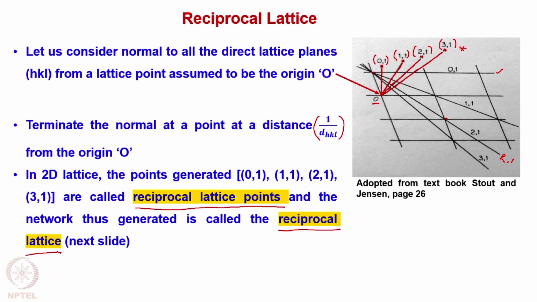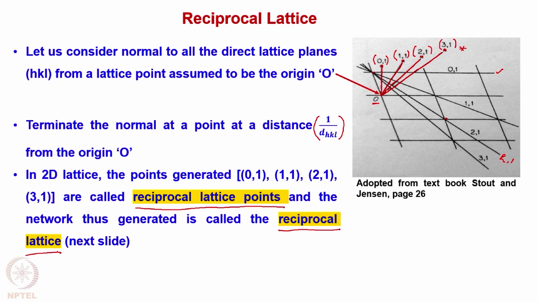So in this particular case, we have a two-dimensional network, and then we have a set of planes. I have one fixed origin, and from that fixed origin I am dropping a perpendicular to each one of those planes, terminating the perpendicular at a distance 1 by d_hkl, and then the point of termination is marked as a point which corresponds to a direct lattice plane.